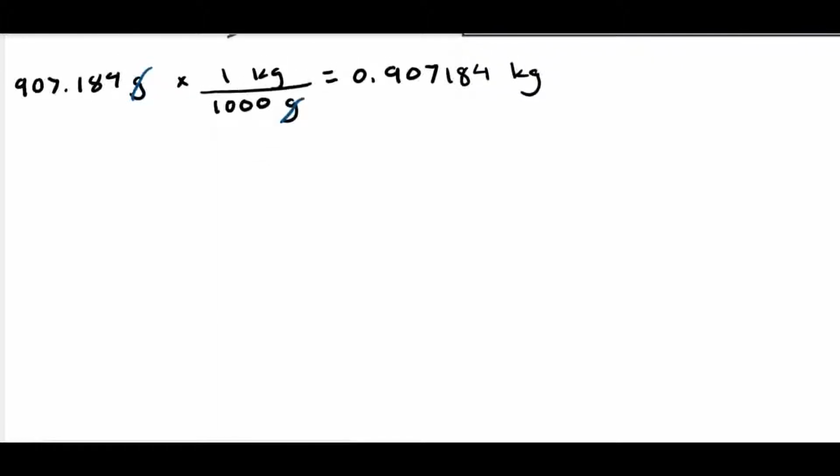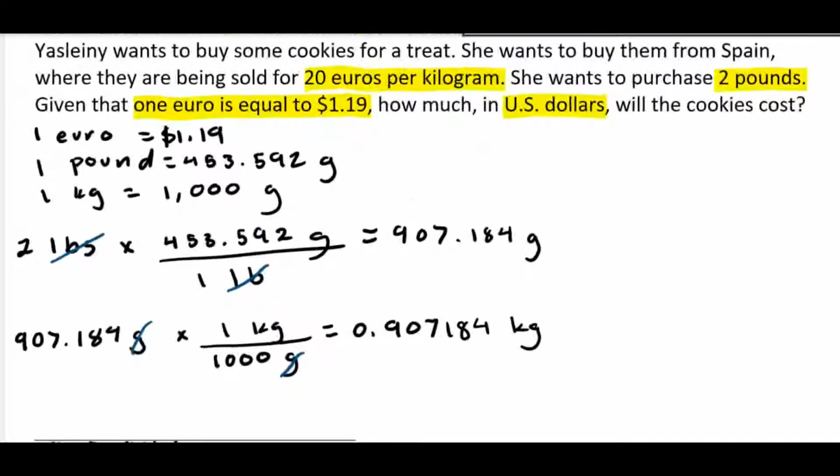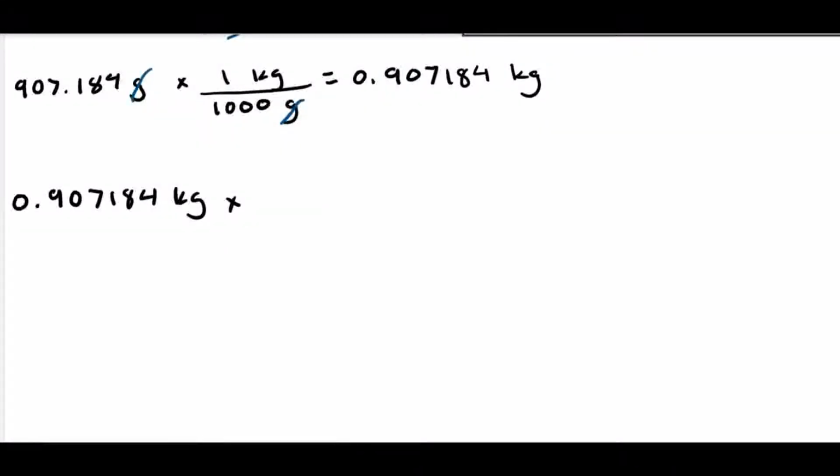So we know we have 0.907184 kilograms. Now, the ratio that we are told is 20 euros per kilogram. So let's write that here, 20 euros per kilogram.